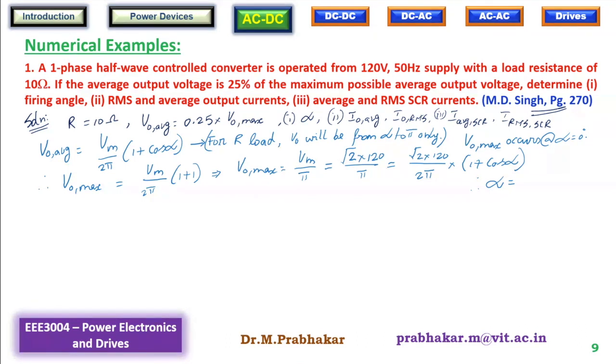25%, where is it? This one. Here it should be 25% into 0.25. So this is the maximum possible value. This I will erase.